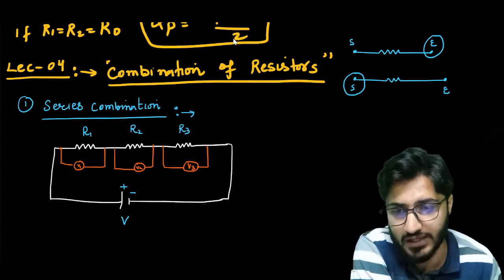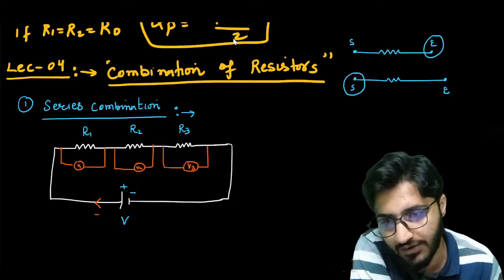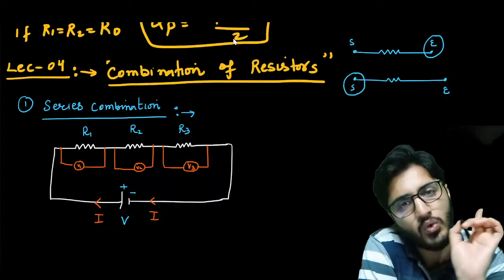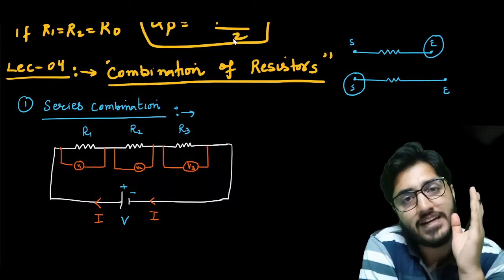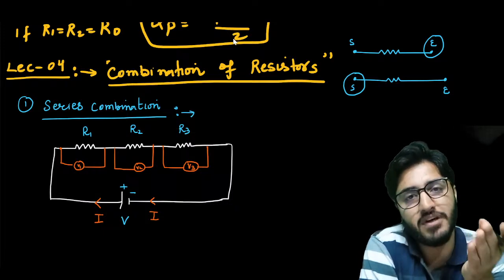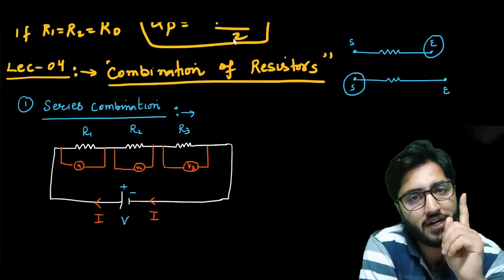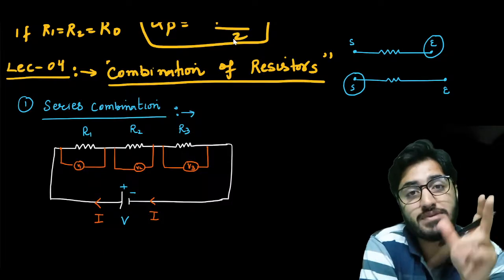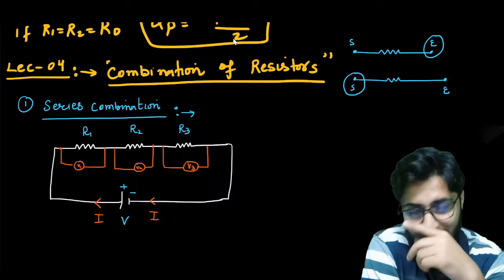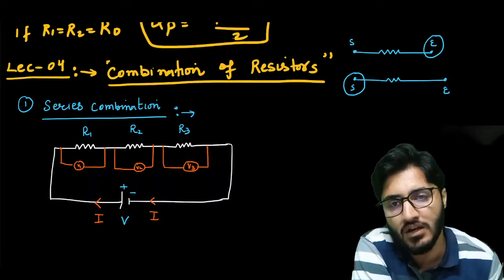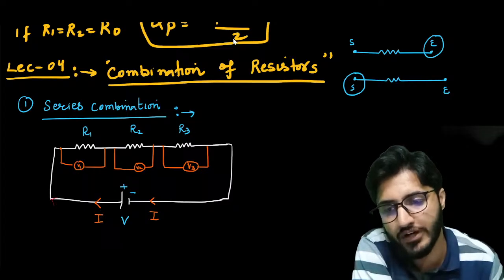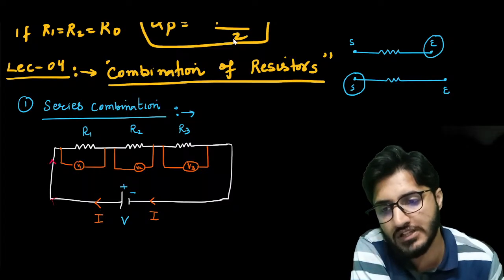If we talk about current, a current I will leave the battery and the same current will get into the battery. If 2 ampere is leaving the battery, 2 ampere will get into the battery. If 10 ampere is leaving the battery, 10 ampere will get into the battery. This is a very important parameter: the amount of leaving current and entering current must be the same. We only have one way, so the current I flows up to this point, then up to this point.